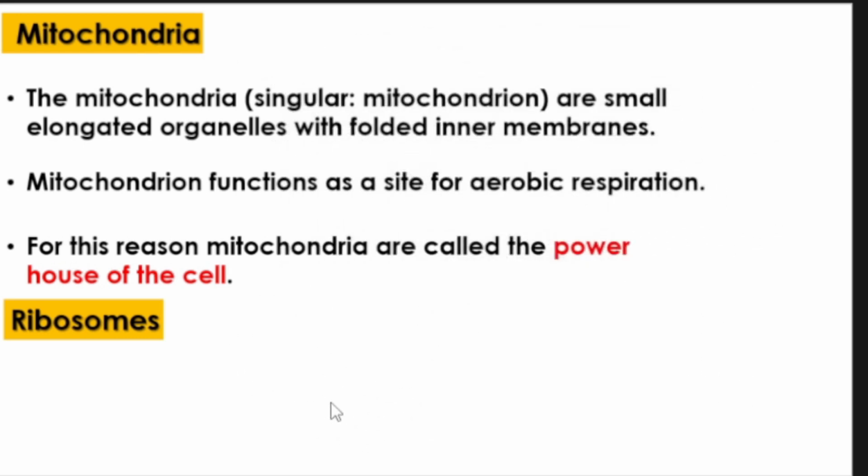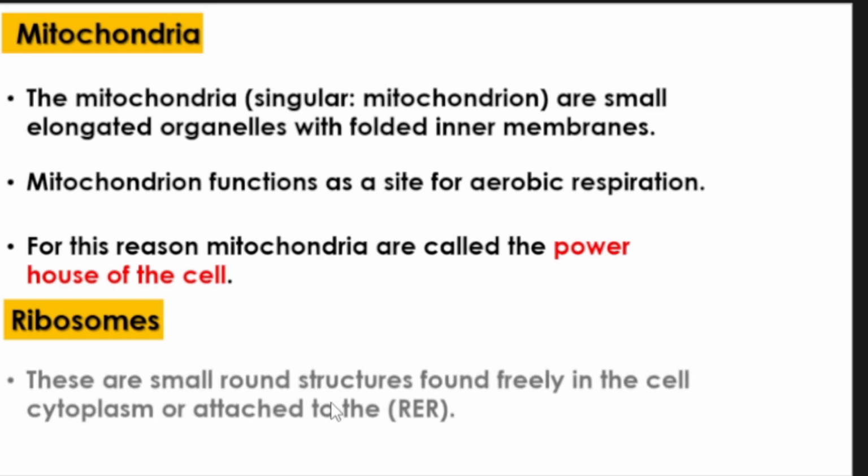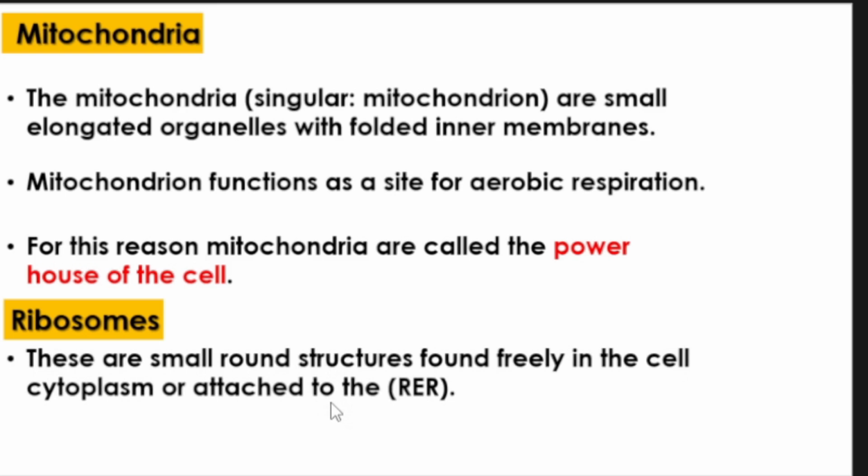These are small round structures found freely in the cell cytoplasm or attached to the endoplasmic reticulum, the rough endoplasmic reticulum. The function of ribosomes is to synthesize proteins. These are the ones that synthesize proteins. So that's what you should understand, guys.